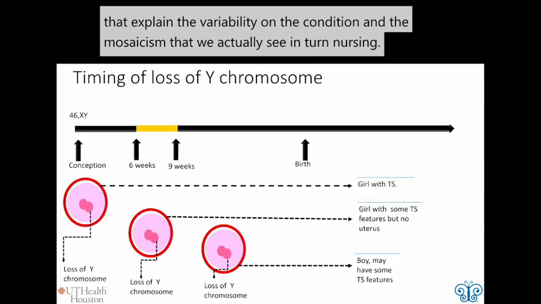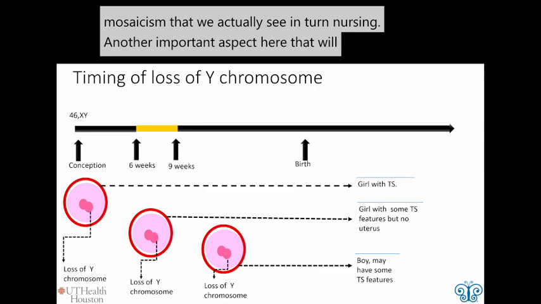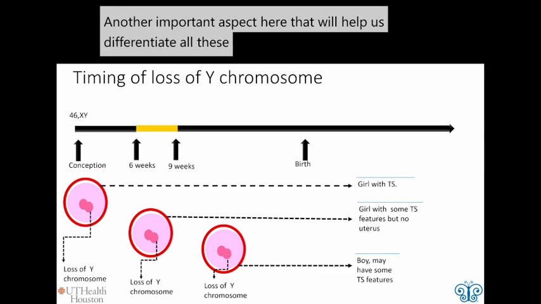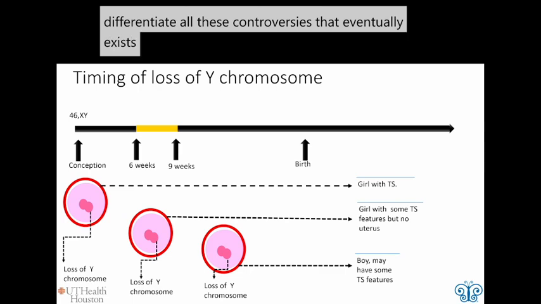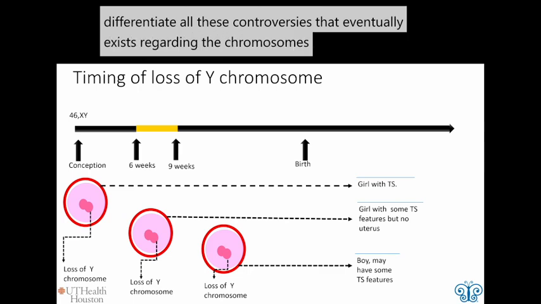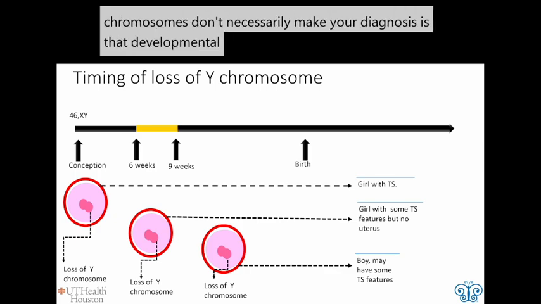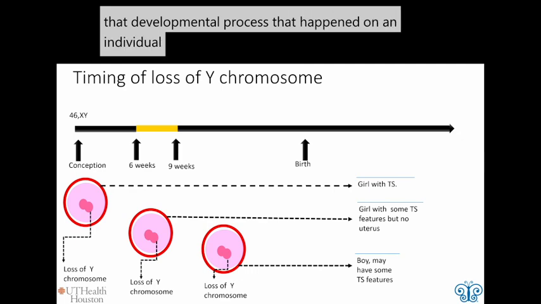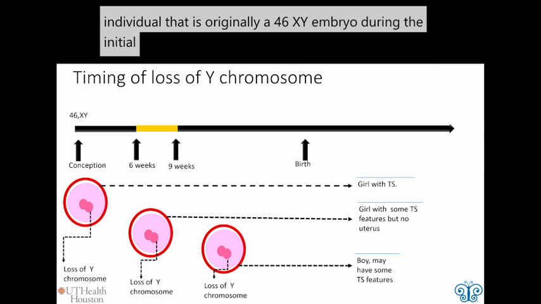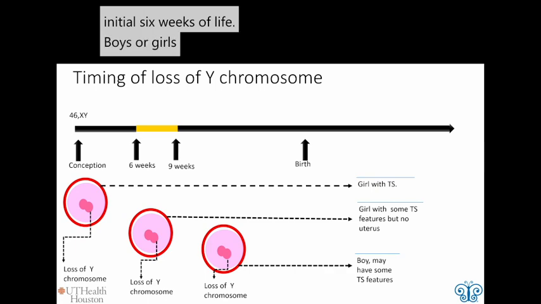Another important aspect that will help us differentiate all this controversy regarding the chromosomes, and why the chromosomes don't necessarily make your diagnosis, is the developmental process that happens in an individual that is originally a 46XY embryo. During the initial 6 weeks of life, boys or girls, we look the same in utero.